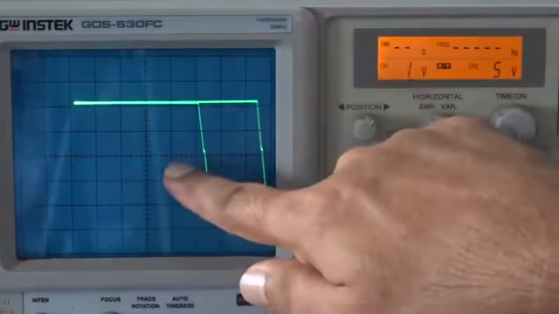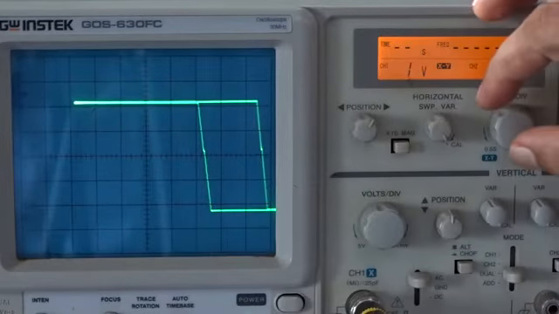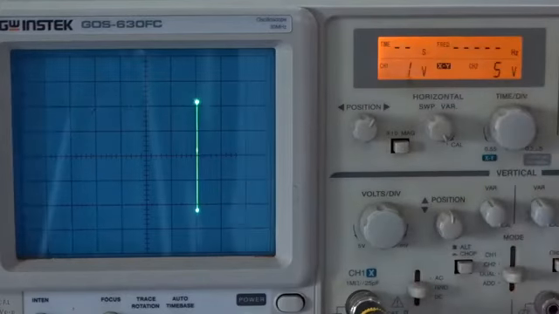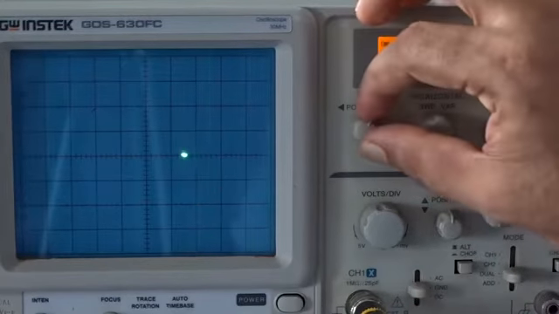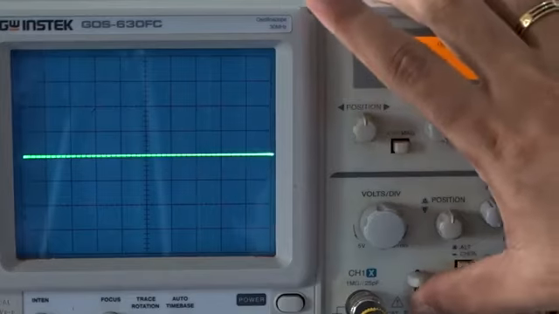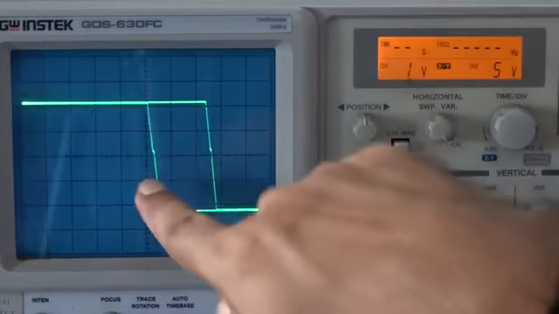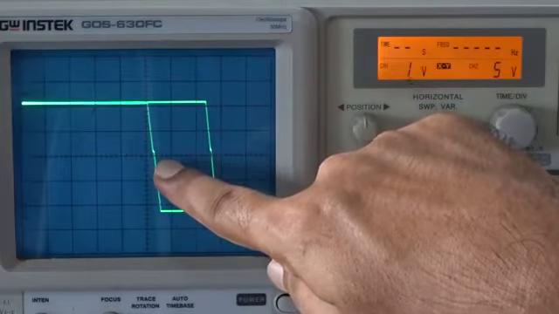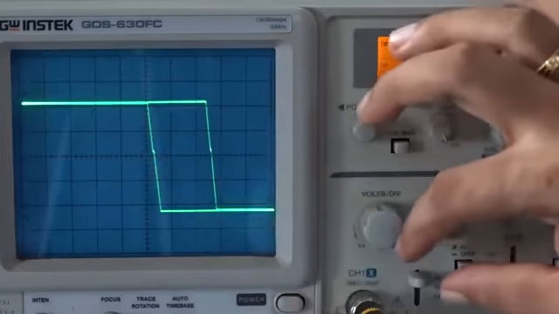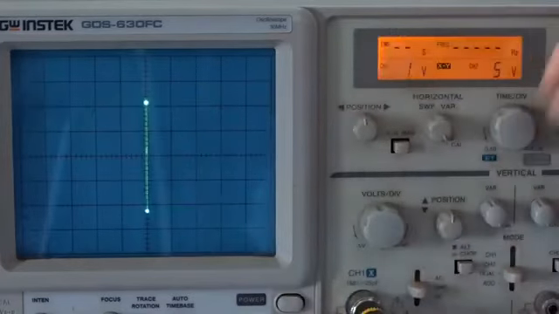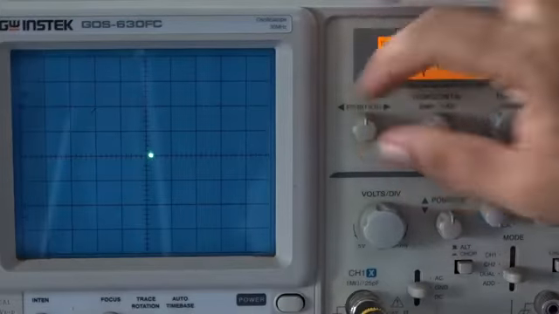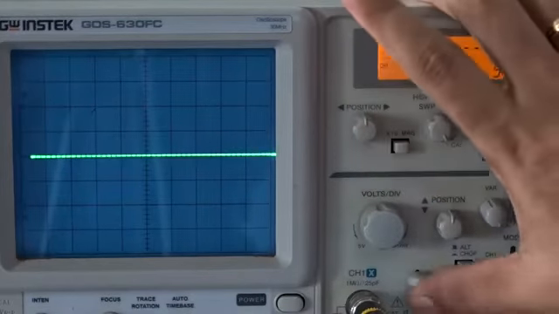So the x-axis, ground. So you can observe here the 0.4, this is 0.4, and make it the reference point.